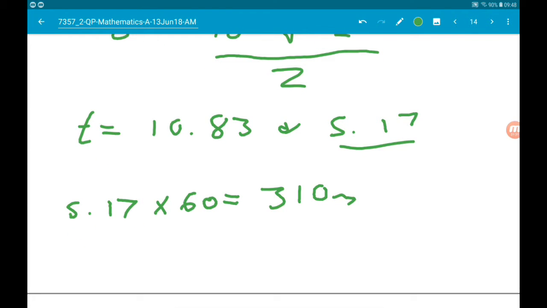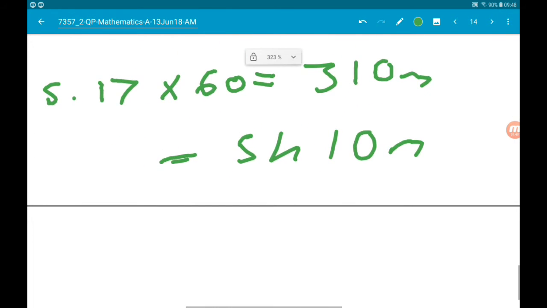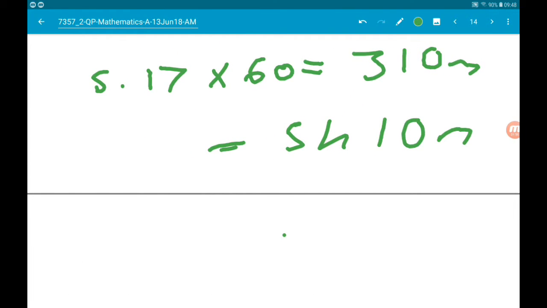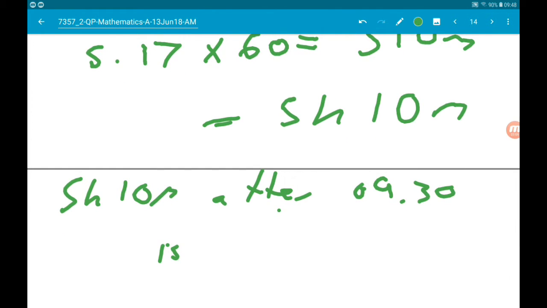And that is 5 hours, 10 minutes. So the earliest time, remember he opens at 9:30. So 5 hours, 10 minutes after 9:30 is 14:40.